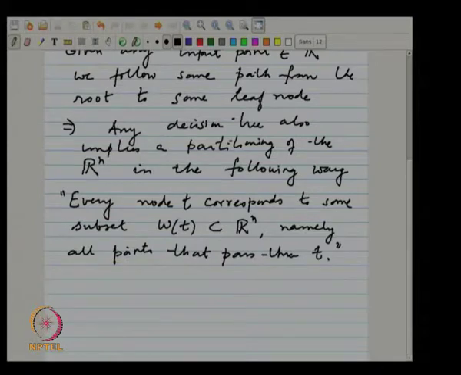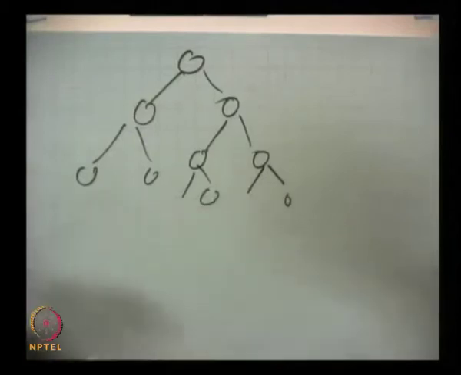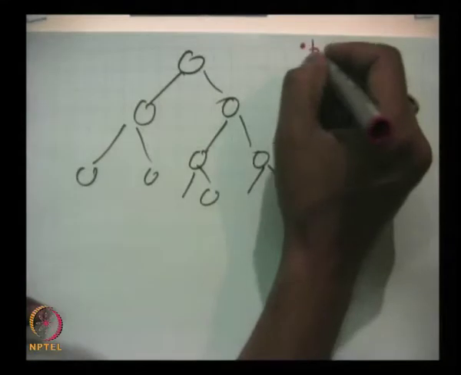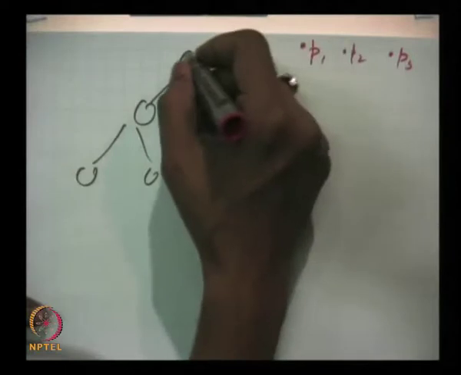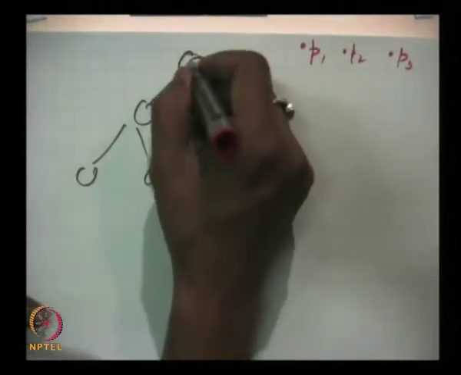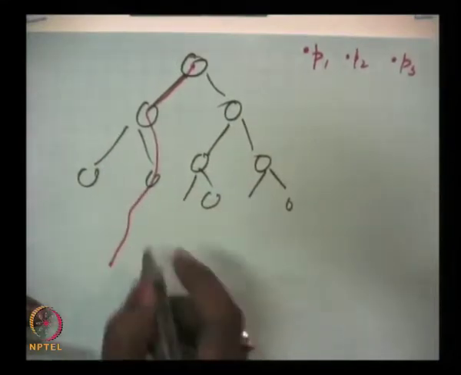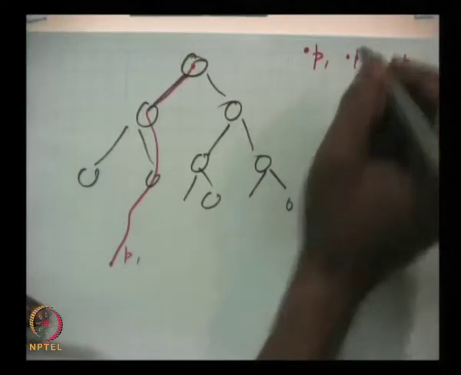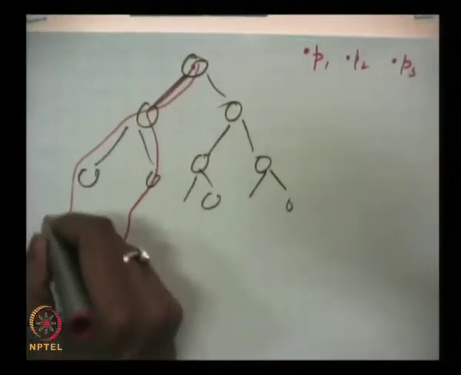Let me draw a picture. So, here is my decision tree. Some point, let us say P1, there is some point P2, there is some point P3. When I start the algorithm with input P1, P1 traces some kind of route through this tree. This is P1. P2 maybe traces another route through the tree. This is P2.